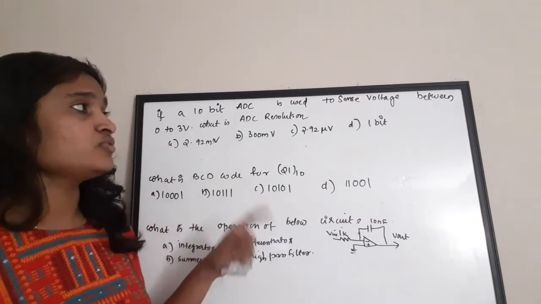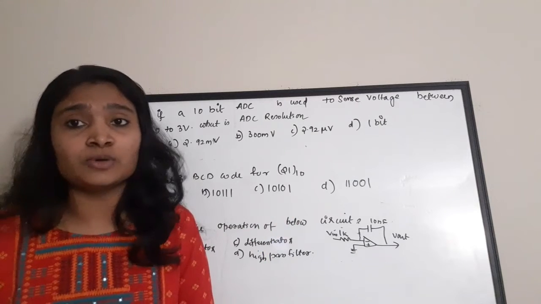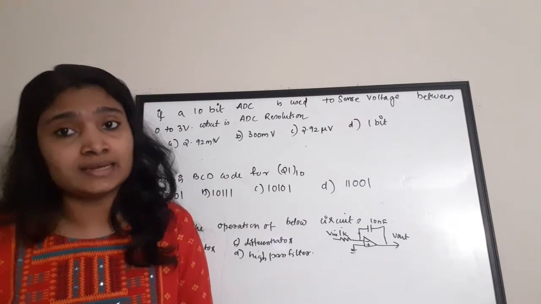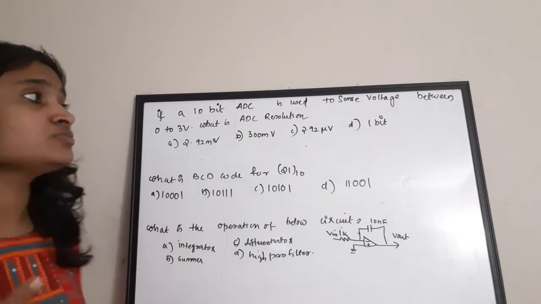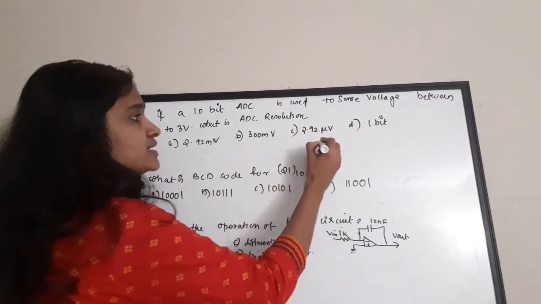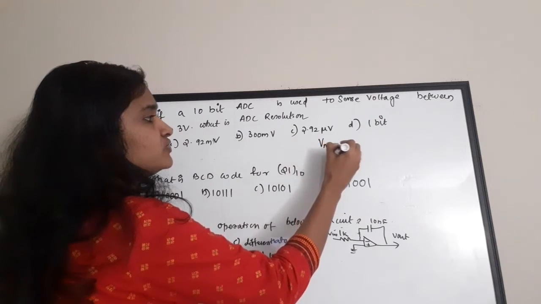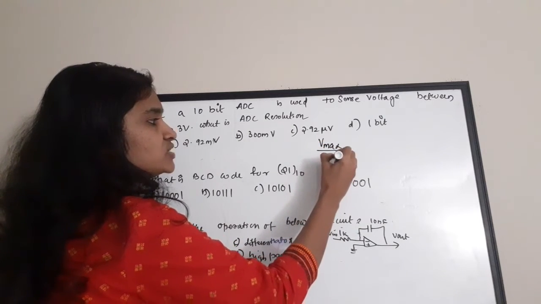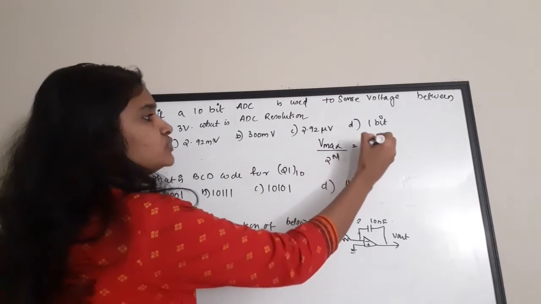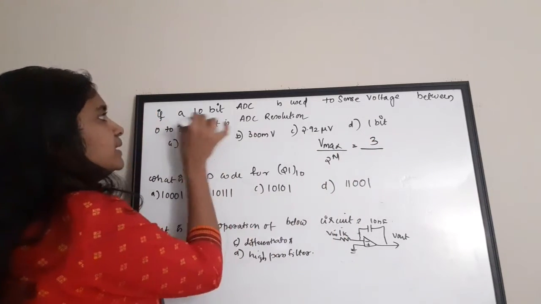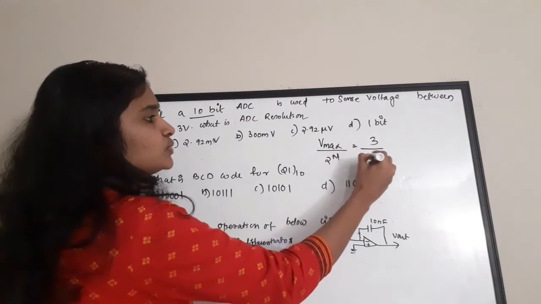So in terms of bits, if n is the number of bits of the ADC, then 2 raised to n is the ADC resolution. The resolution in terms of voltage is expressed as the maximum voltage Vmax divided by 2 raised to n. So here, 0 to 3 volt means Vmax equals 3 volt, divided by, it is a 10-bit ADC, 2 raised to 10.